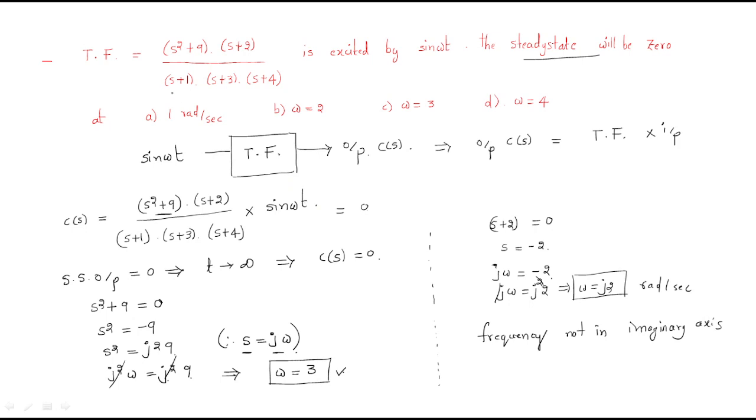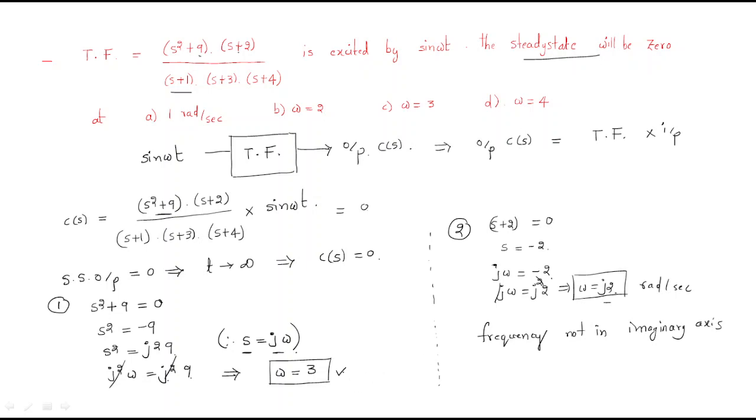And s plus 1, these two things will not be 0. Whenever steady state output is 0, two cases are possible. The first case is s square plus 9 equal to 0. The second case is s plus 2 equal to 0. Equating to 0, we have omega equal to 3. But with s plus 2 equal to 0, we have omega value j2.